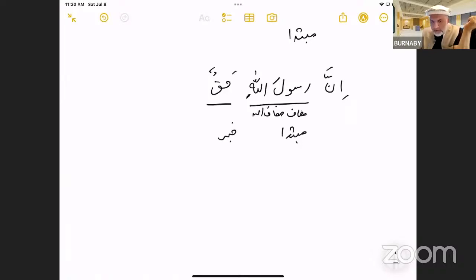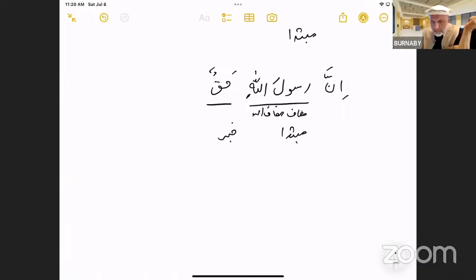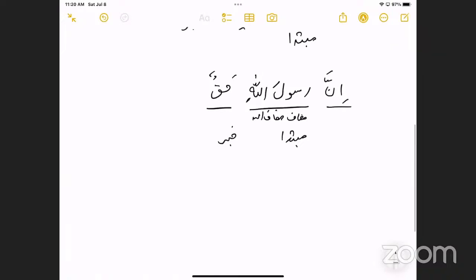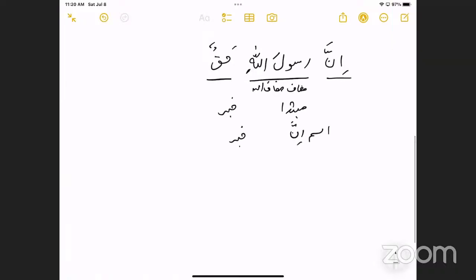Is it still the status of jar? Yes. But over here, the mudaf changed from rafa to nasab because you introduce inna. So this mubtada has become ismu inna, and this has become khabar inna.